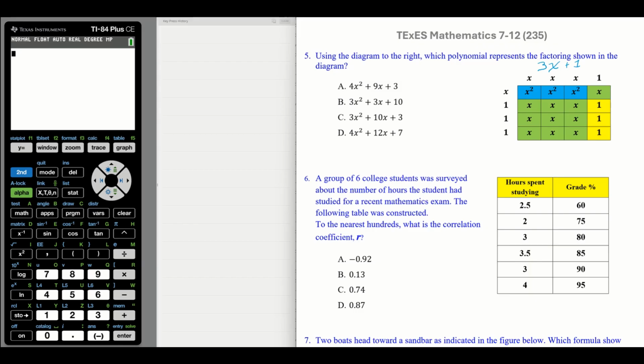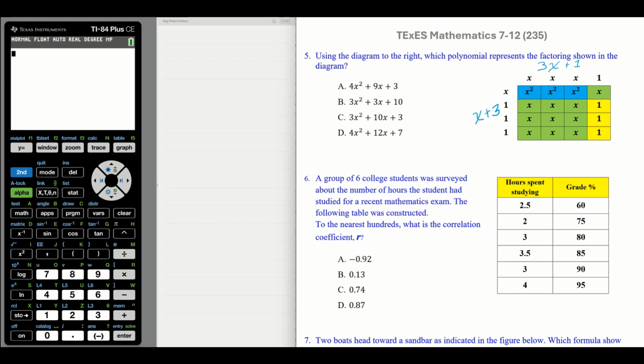And over here, going down the side, we have x plus the 3.